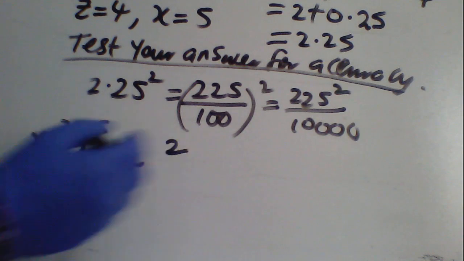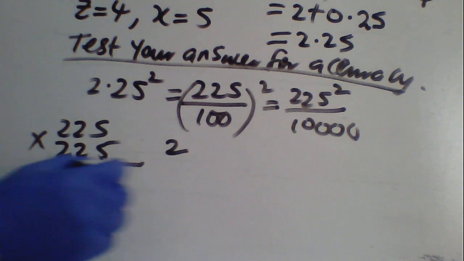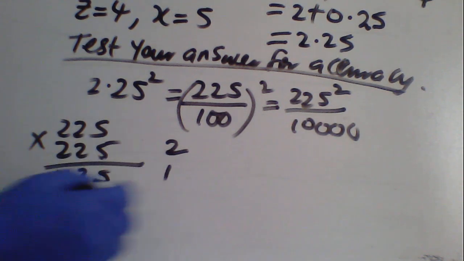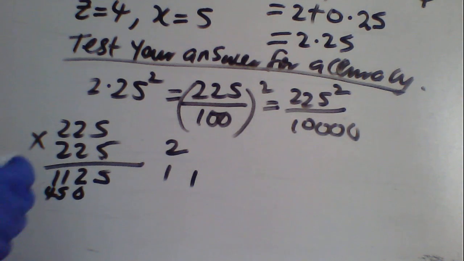I write 5 and carry 2. 5 times 2 gives us 10 plus 2, 12. I write 2, carry 1. 5 times 2 gives us 10 plus 1, 11. 2 times 5 gives us 10. I write 0, carry 1. 2 times 2 gives us 4 plus 1, 5. 2 times 2 gives us 4. Hope you are seeing it.